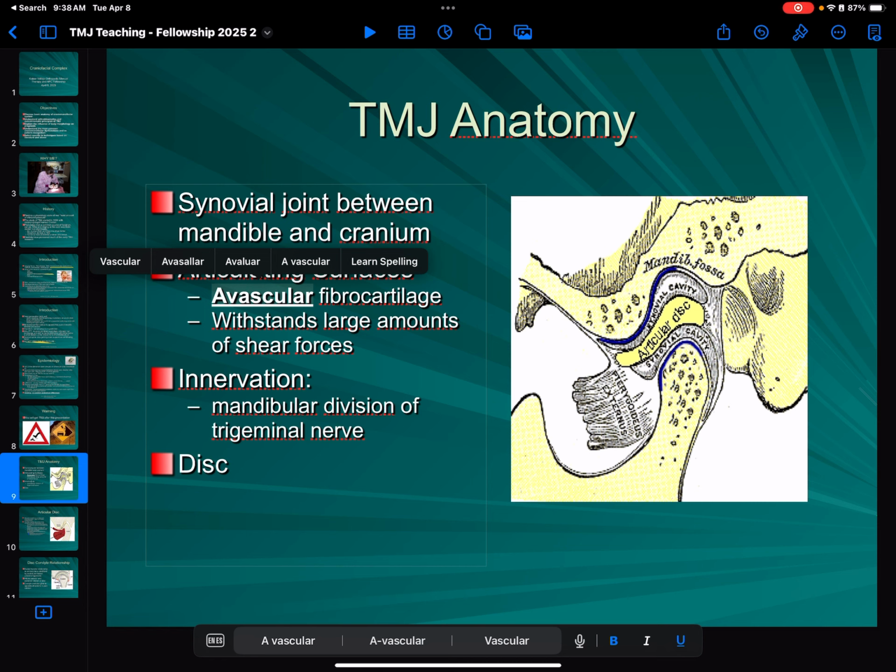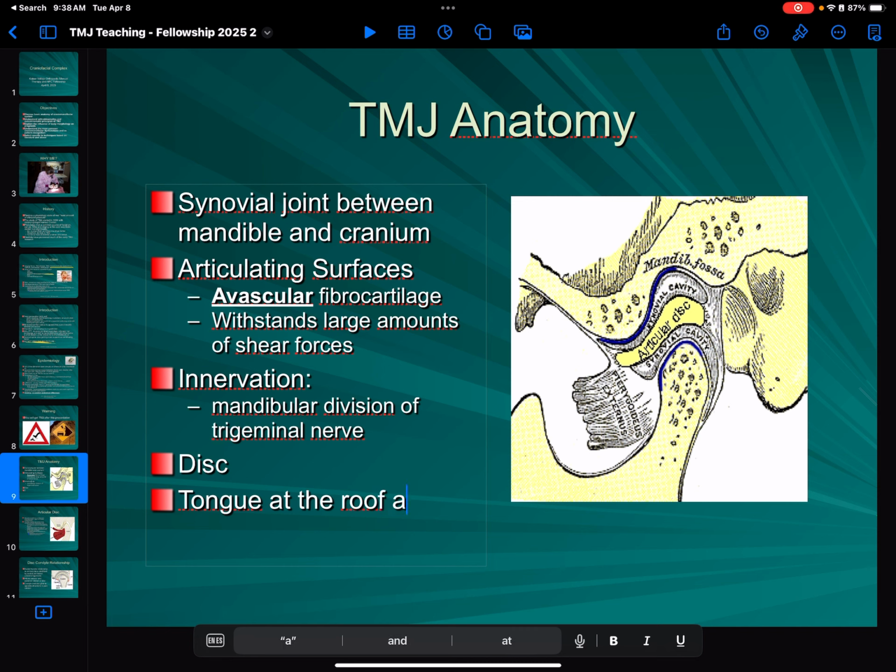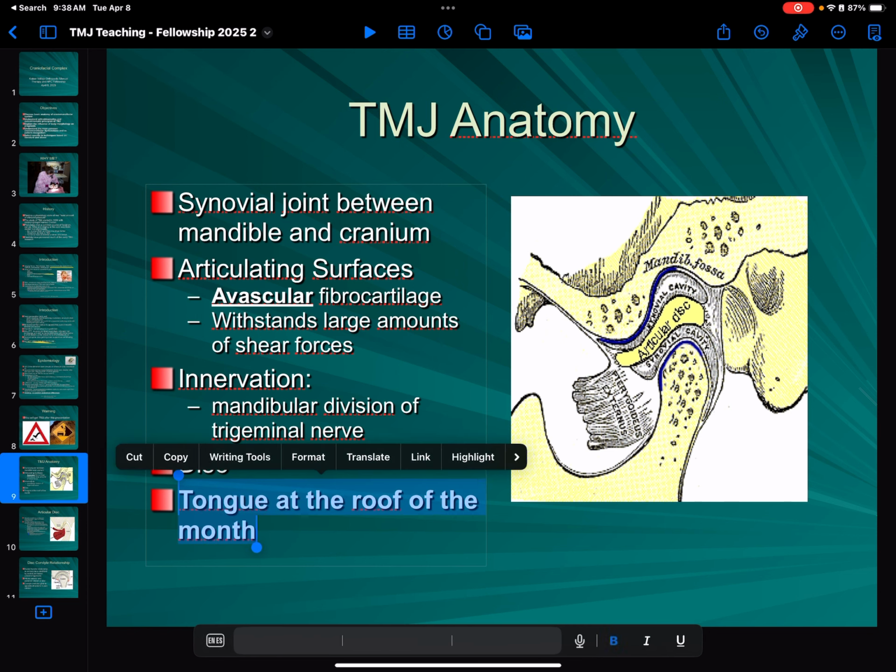And this is where the superior joint space and the inferior joint space are going to come into play. So just to introduce you to it, in the class I teach, I fib a little bit just for simplicity for my patients. I describe it as a ball and socket joint.